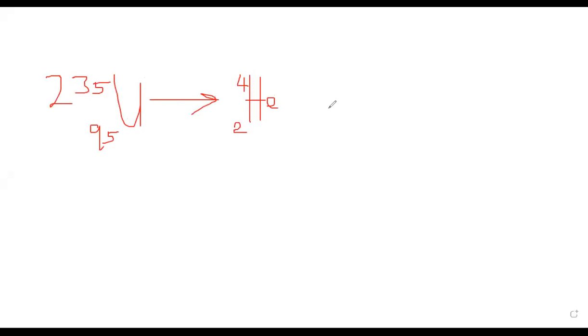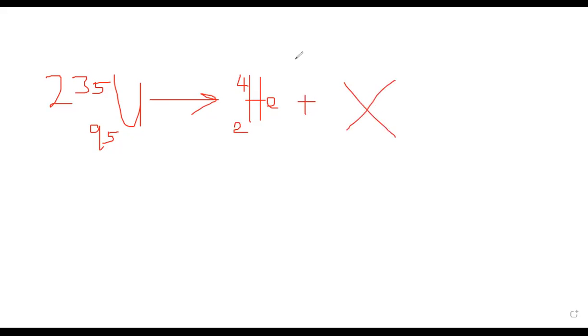For example, if I use this and put this as 95, and I say this decays by an alpha particle, the question I would ask you is to give me the mass number and the atomic number of the element that will be formed.